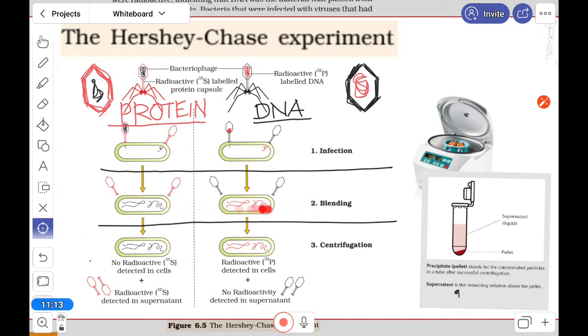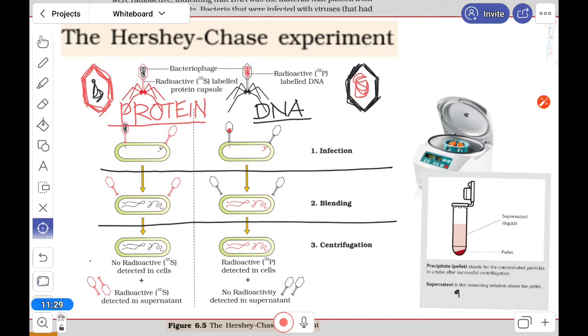When the separation is done, then we go to centrifugation.